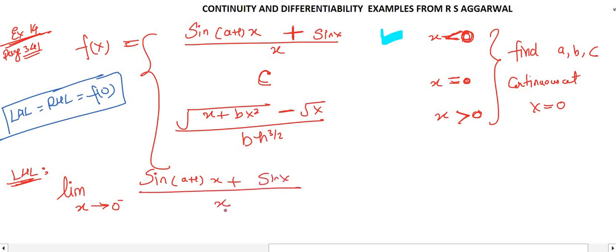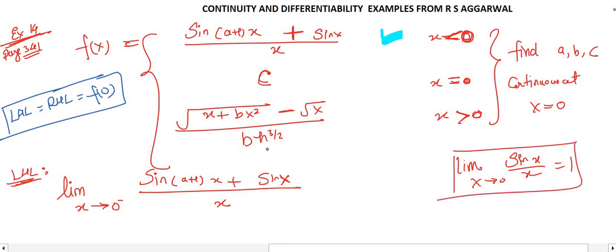This is the question. Since there is a numerator and denominator, we can use the h method, or we know one formula that limit x tending to 0, sine of x by x is 1. So we will try to use this formula.